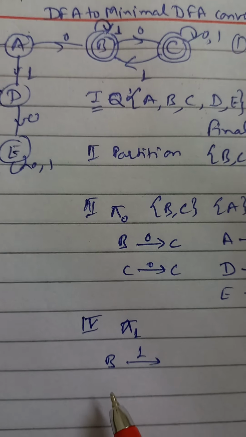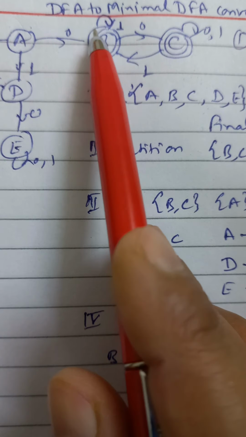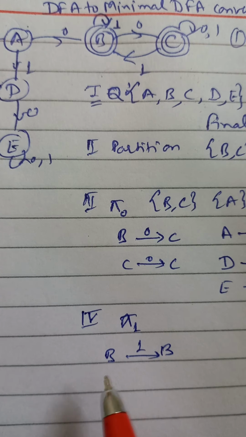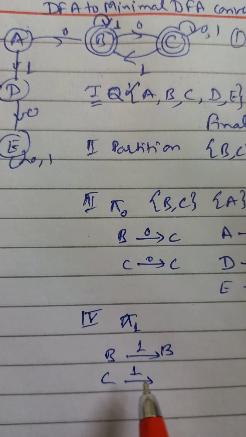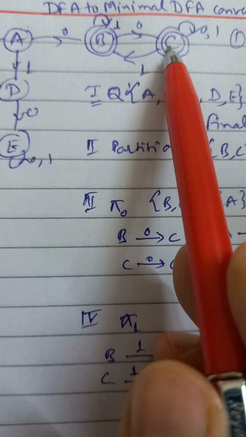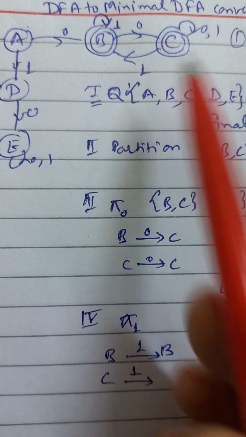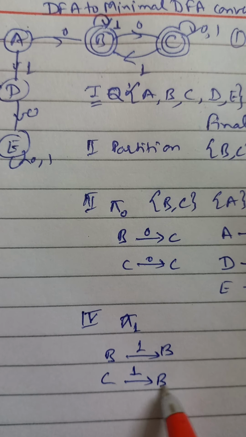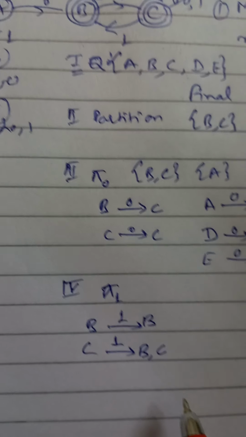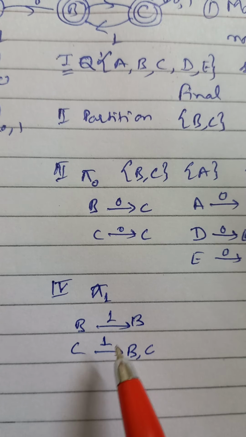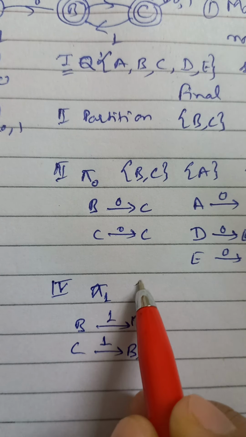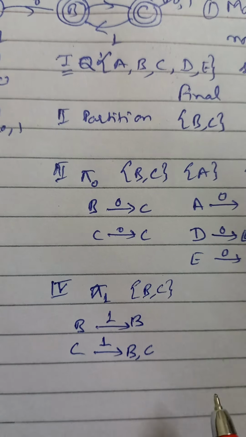From B, on the 1 transition, it is heading towards B only. And C on the 1 transition is also heading towards B. So we can write B and C both. Both have a common quality, so we can again put them in one group, BC.